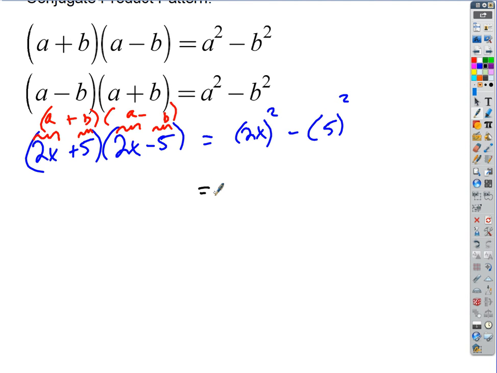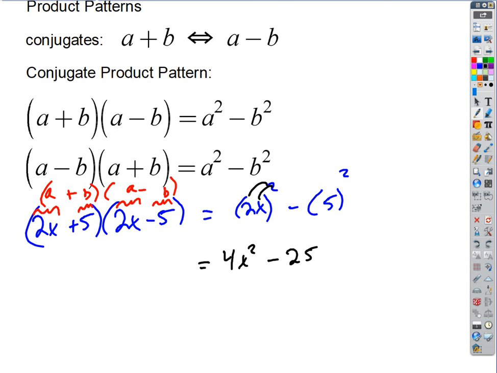By using our properties of exponents, what is the quantity 2x squared? 4 times x squared, because I'm going to square the 2 and square the x, right? So I get 4x squared minus 25. Simple. And so there's one pattern we're going to look at today, the conjugate product pattern.